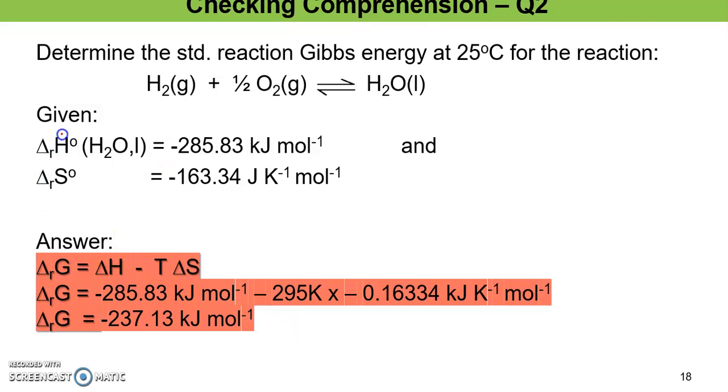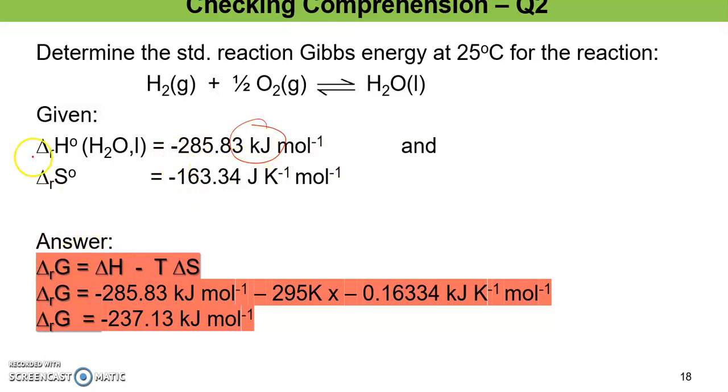So given delta H naught of H2O liquid equal to minus 285.83 kilojoule per mole, and the entropy of the reaction is minus 163.34 joule per Kelvin per mole. So here what is different is J and K. Again, please make sure the dimension is right before you do any calculation.